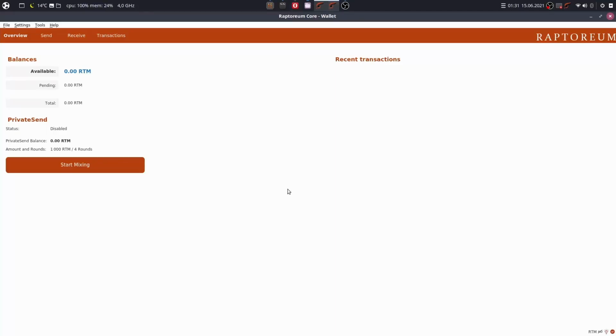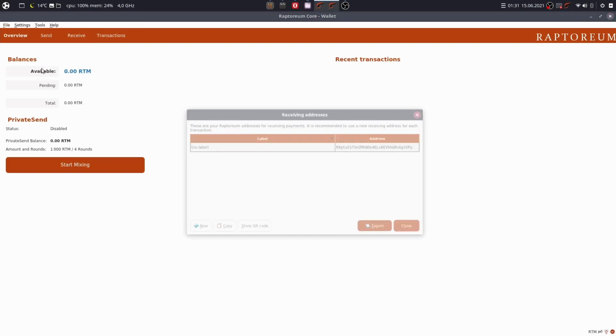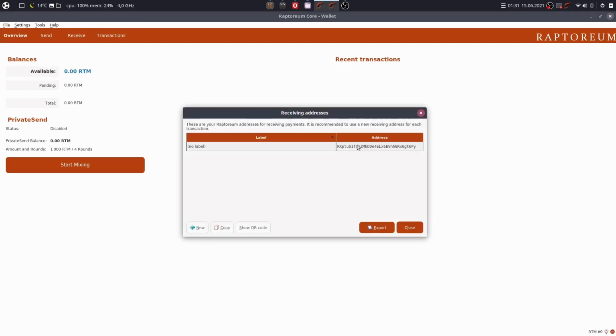Okay, wallet is finally synchronized, and this is how it looks by default. Wallet address you can see in file, receiving addresses. If you want, you can create a new one.